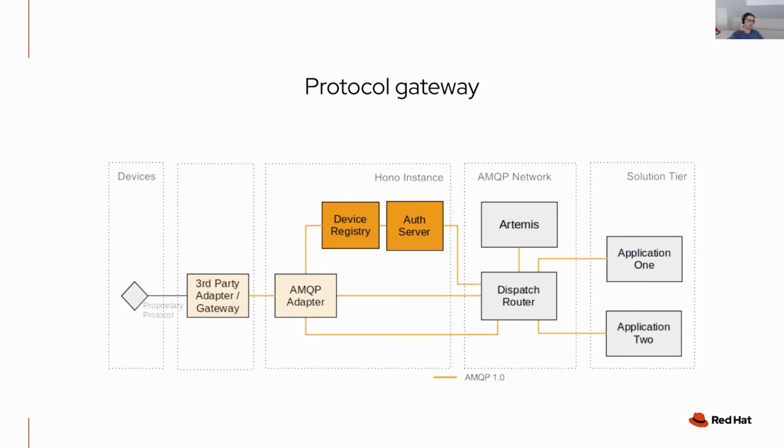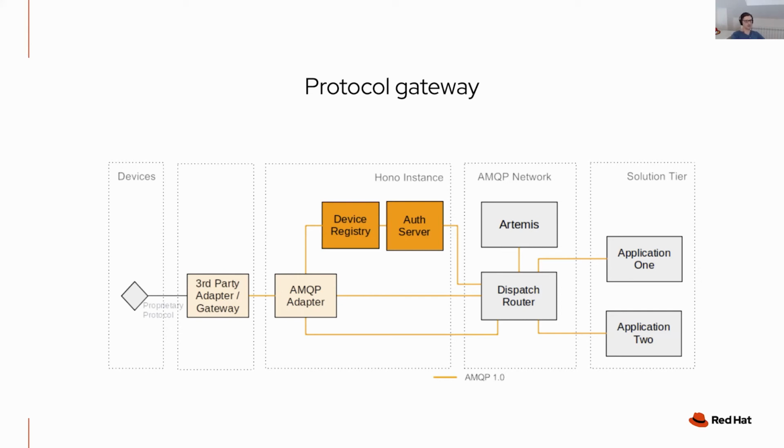But in a lot of cases, that's not necessary. In a lot of cases, we would have some kind of gateway or adapter running on the edge, talking with the proprietary protocol and digesting the data, and only then sending some data up to the cloud.